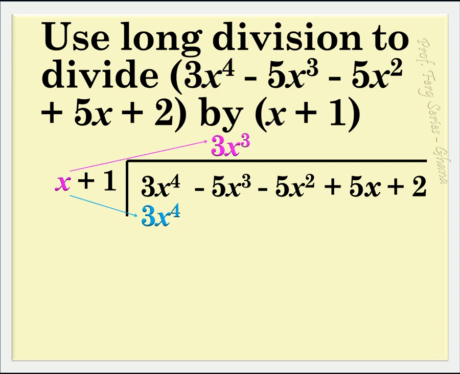Now, we have to multiply the divisor, x + 1, by the first term of the quotient, 3x^3. So, x times 3x^3 gives us 3x^4. And plus 1 times 3x^3 also gives us plus 3x^3.